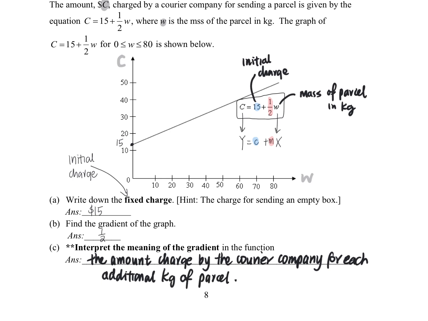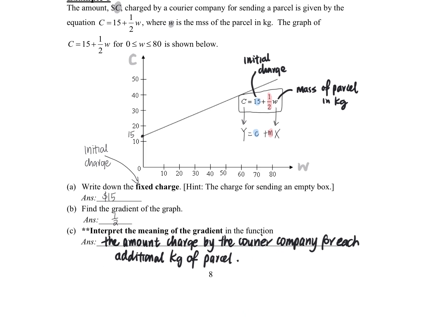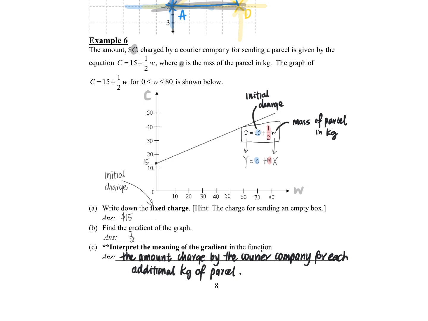So every 1 extra kg they charge me 50 cents. So if this parcel is 10 kg, they charge me $5 plus the $15 at the start. So I need to pay 20. That's what it means. So the gradient means every additional cost I need to pay for 1 extra kg of parcel. Okay, that is it.